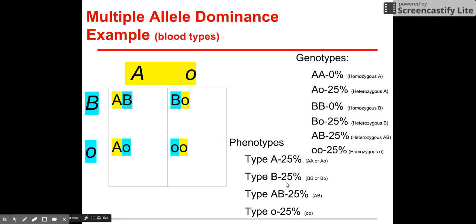Type B, you've got homozygous type B and heterozygous type B. You add those together to give your percentage here. AB, it's only one possibility to have type AB blood and one to have type O. So this cross of these 2 heterozygous parents gives us a huge variety in blood types of our offspring. Make sure you have all this stuff written down before you move on.